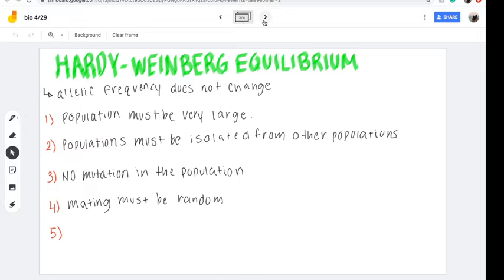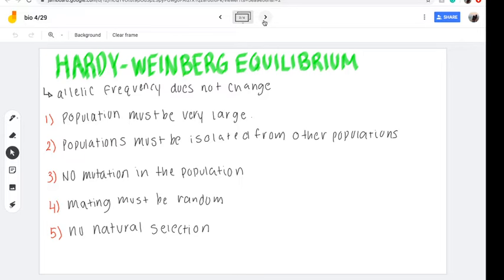And lastly, there must be no natural selection. Natural selection causes changes in relative frequencies of alleles in a gene pool. Although having the trait that will give us the most benefit is maybe something we would like more, it does not apply to the Hardy-Weinberg equilibrium.